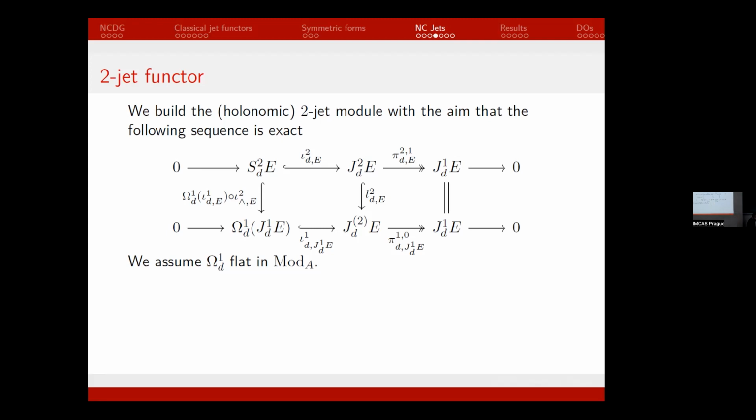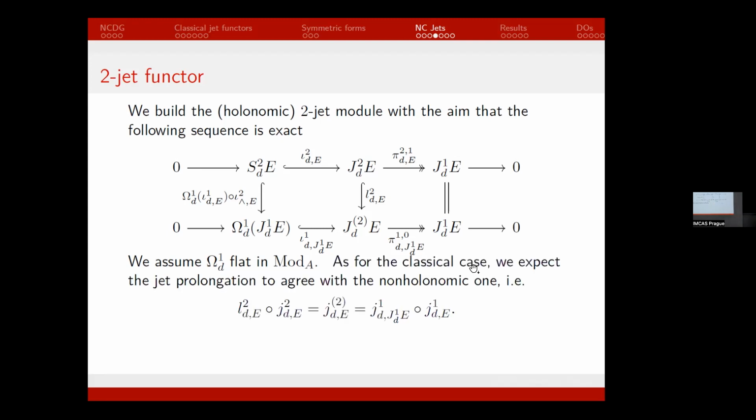So what makes sense to do is to consider what necessarily has to be inside, which is S2 of D, which must live inside J2 of D, and the prolongation of elements of E. How do the prolongations work? We want, as in the classical case, for them to be compatible with the non-holonomic one.